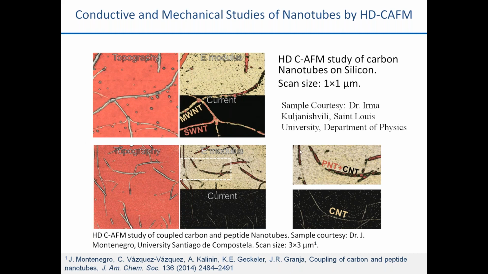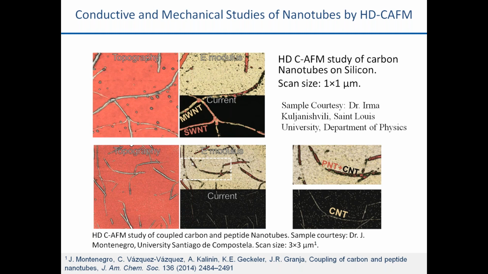And on the bottom slides, the study was reported in this paper. It was a study of nanotubes covered with peptides, and some of them showed conductivity. We also studied the Young's modulus.